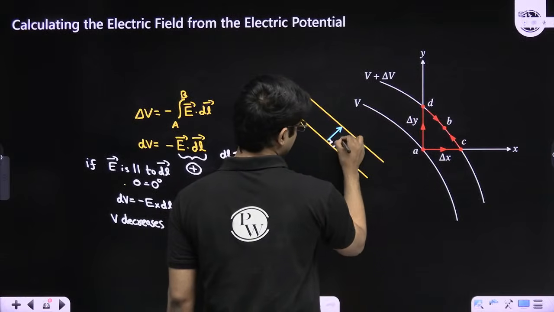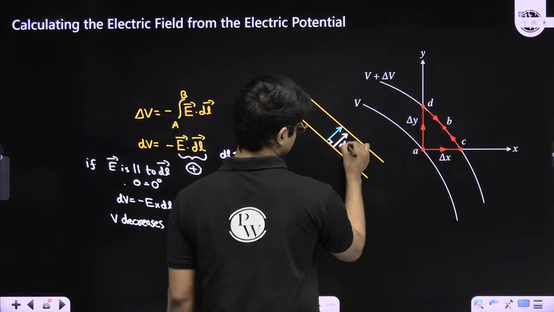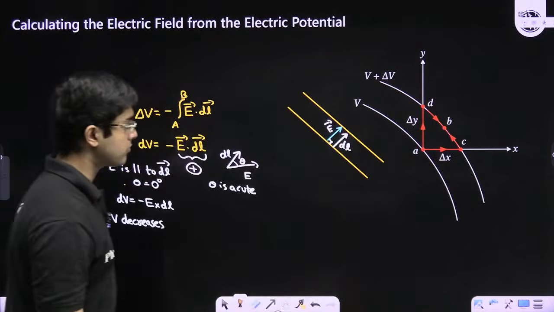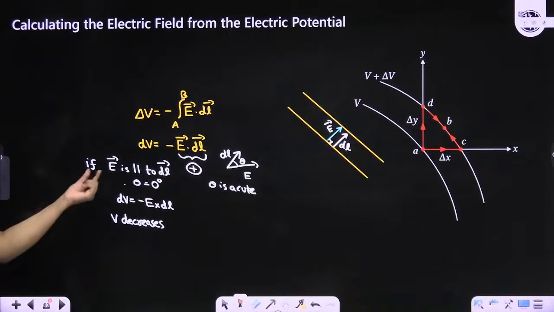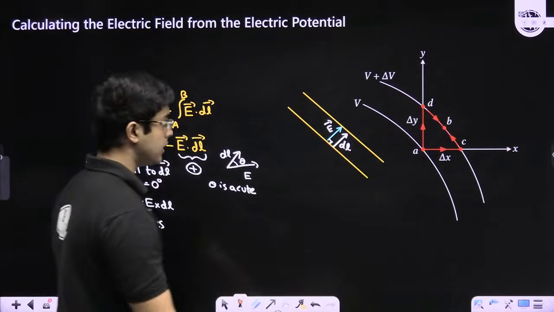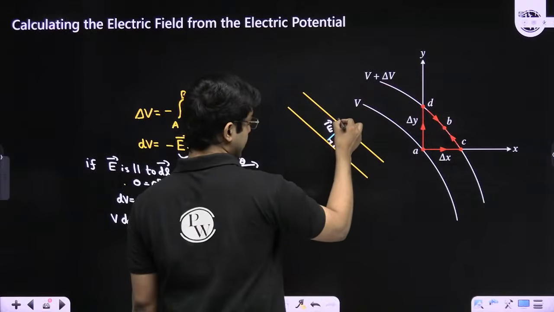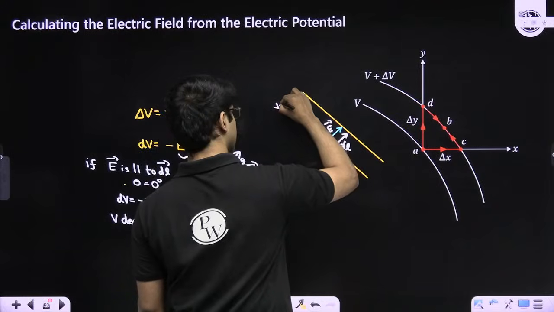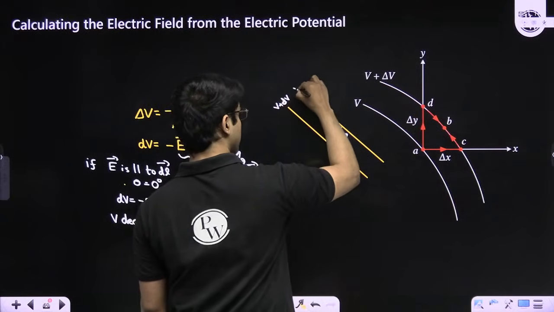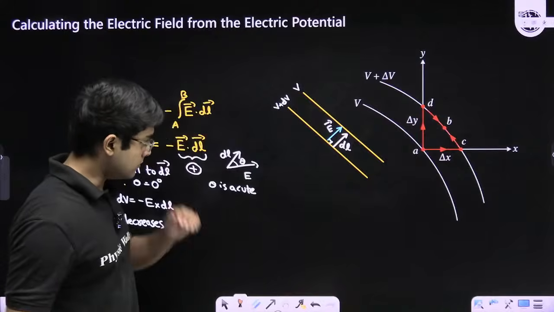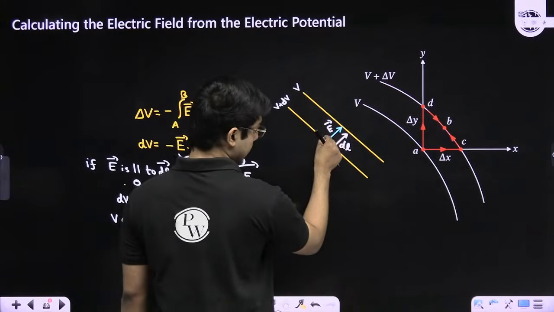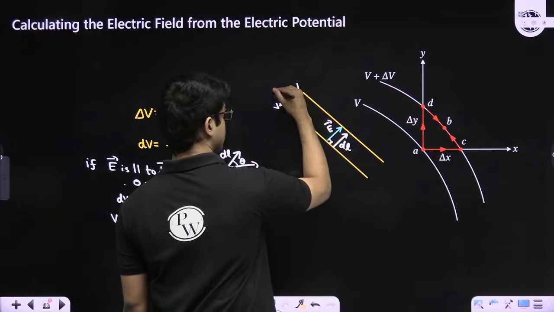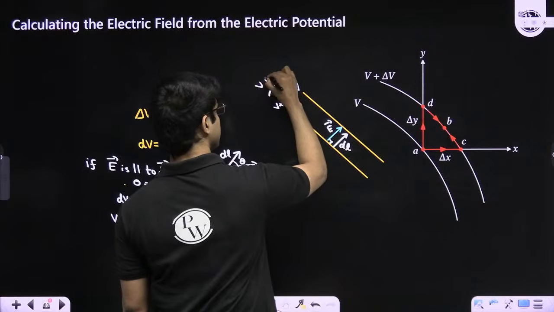If I am walking in the direction of the electric field, then E dot dl is positive, which means dV must be negative, so potential must decrease. If the potential here is V plus dV, the potential here will be V. That is the important point: in the direction of the electric field, the potential is decreasing.